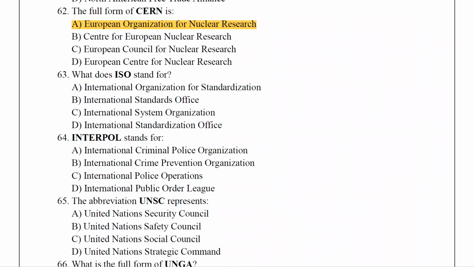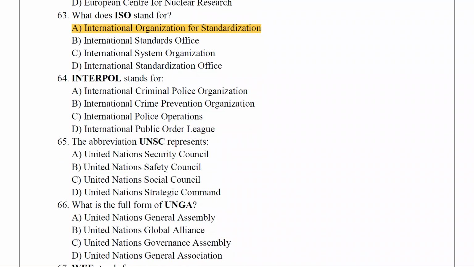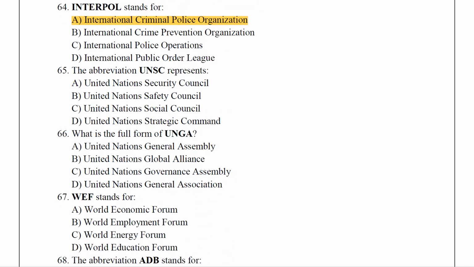Next, what does ISO stand for? The answer is International Organization for Standardization. Next, Interpol stands for International Criminal Police Organization. The abbreviation UNSC represents United Nations Security Council.